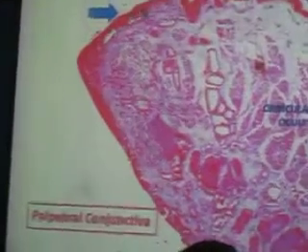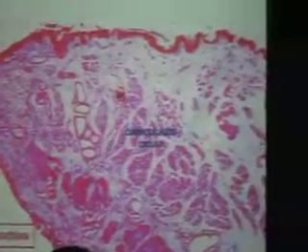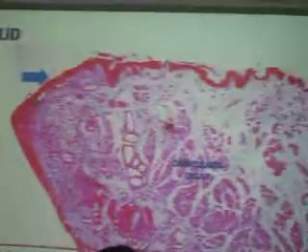This is another slide. Again, the skin, you have the exit of your hair follicle, and then the transition here, and then this area will be your palpebral conjunctiva. You'll be able to move your eyelid.